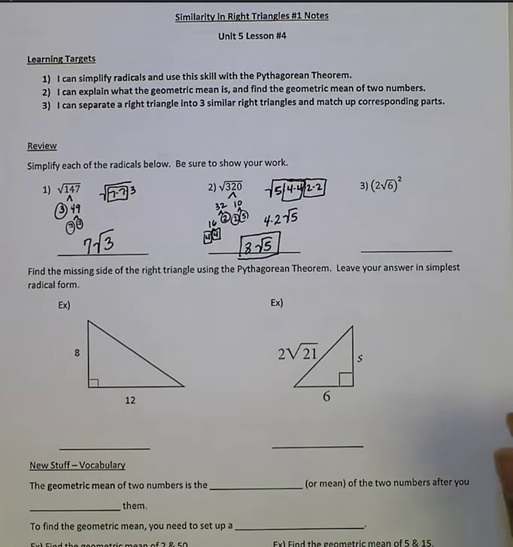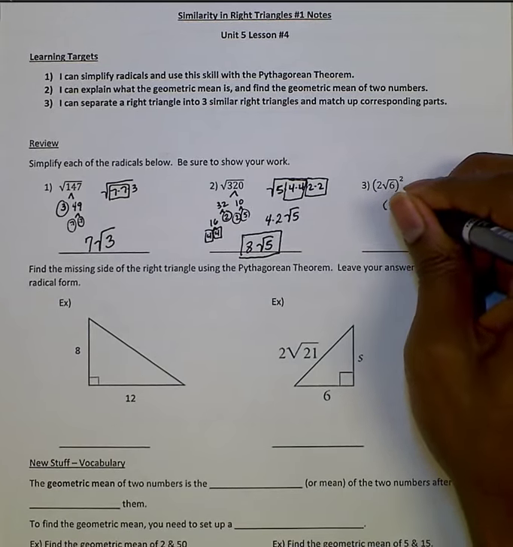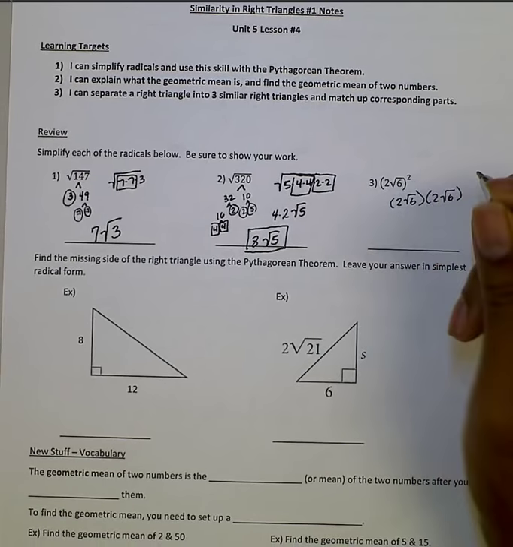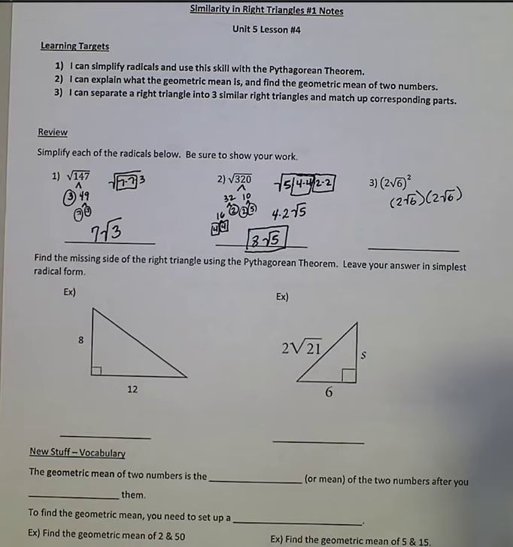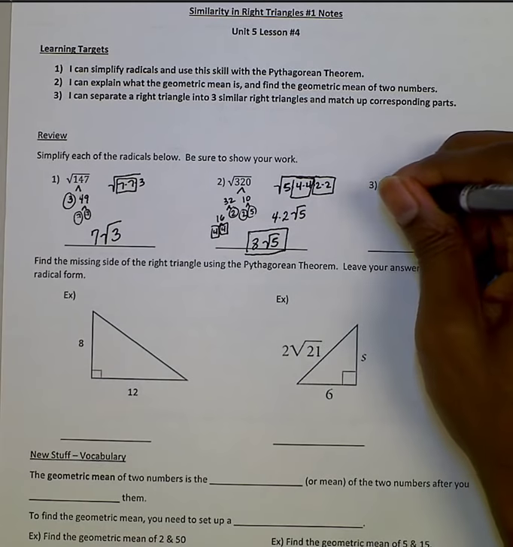Alright, and then our final review here. We have 2 radical 6 squared. Remember that when you square a number, that means you're multiplying it by itself. So 2 radical 6 times 2 radical 6. And the rule for multiplying radicals is inside by inside, outside by outside. So I'm going to multiply the outside numbers together. 2 times 2 is 4.